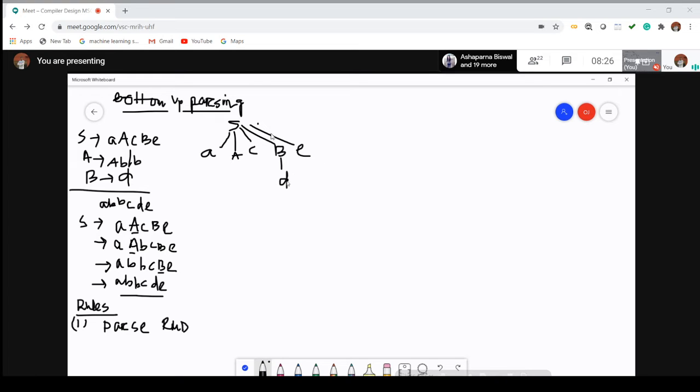Then I get e, d, c. Then my requirement equal to b. So this value is to be divided into A and b. Now you can check all the terminal nodes, all the leaf nodes. The leaf nodes are a, b, b, c, d, e. So step number 1 is completed.